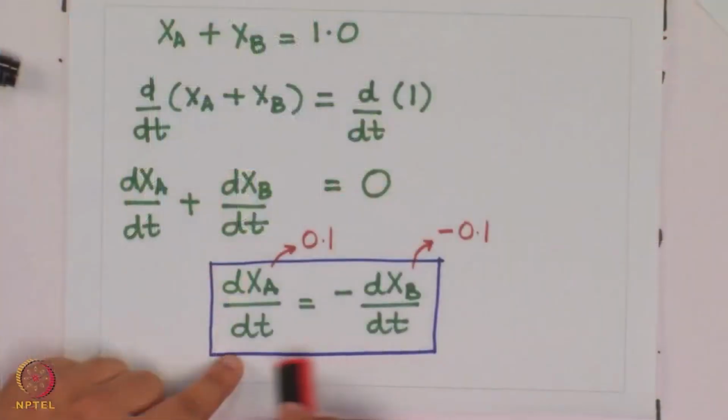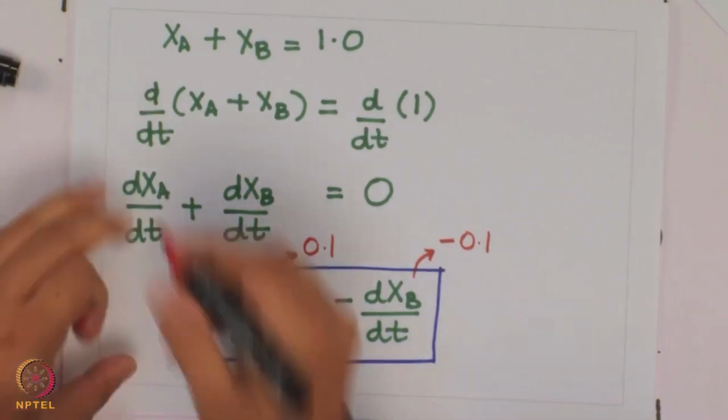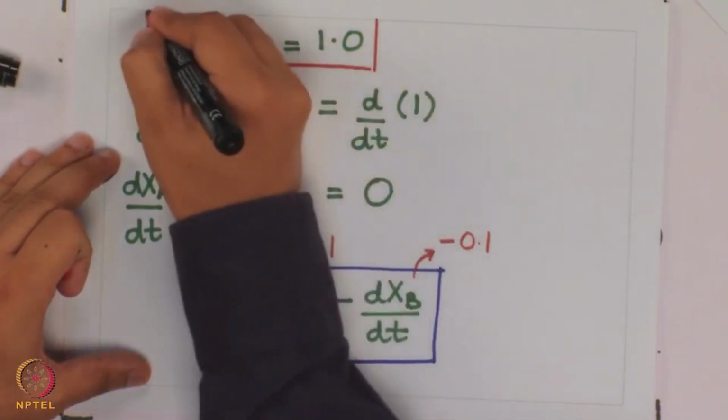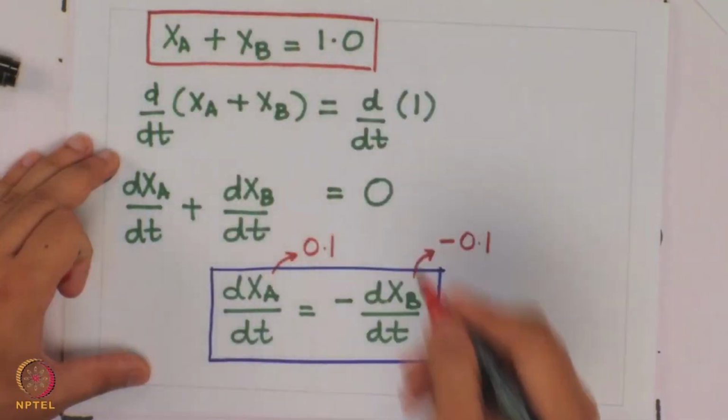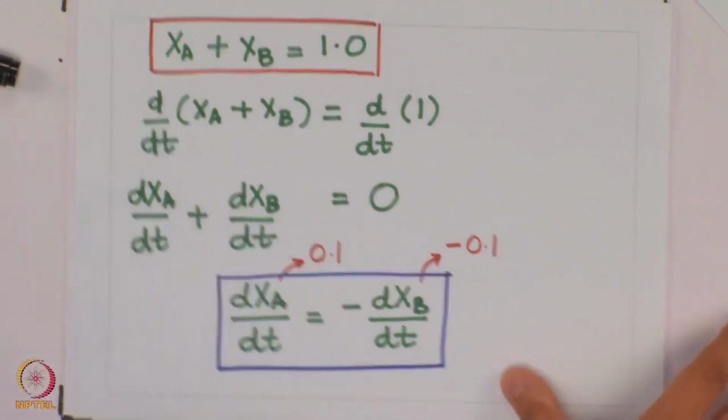So, where does this take us? We have this relationship between the rates of change of the frequencies of the two genotypes, and we also have the relationship that Xa plus Xb is equal to 1. We are going to take these forward and try to develop our model for selection.